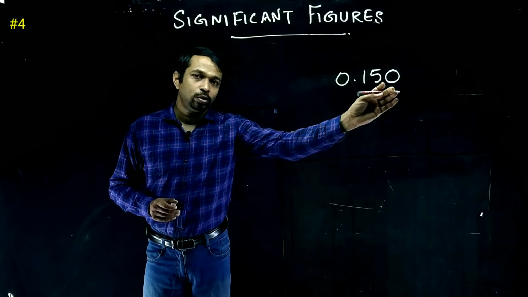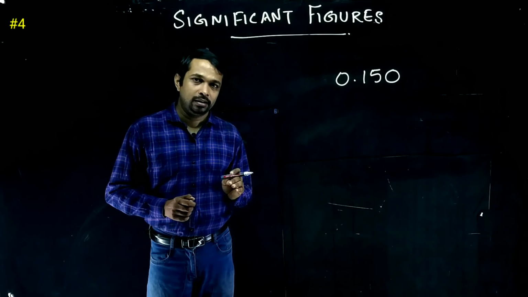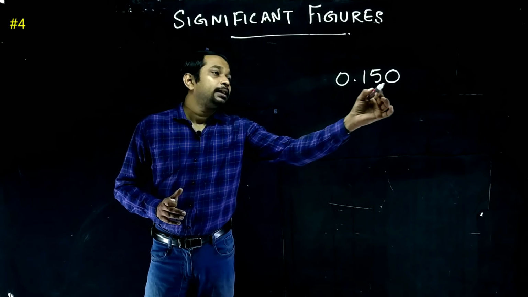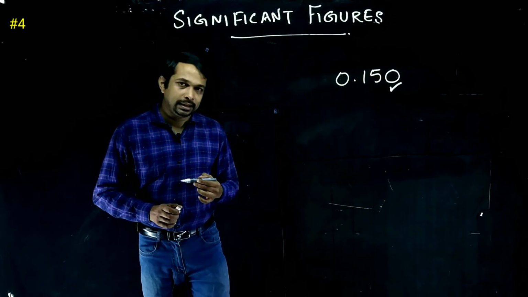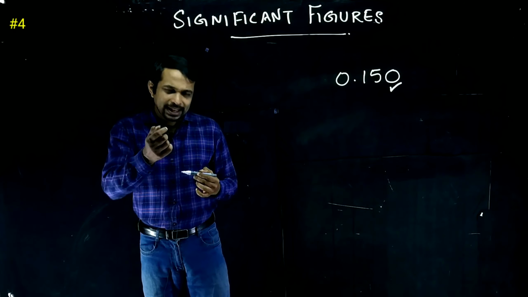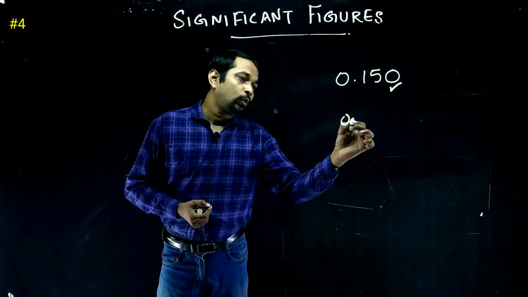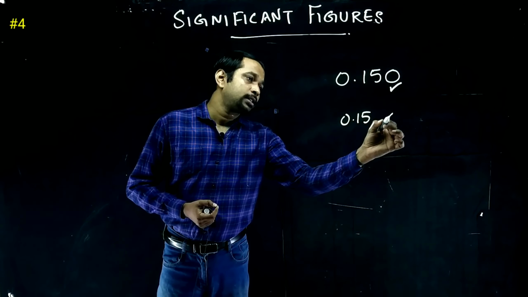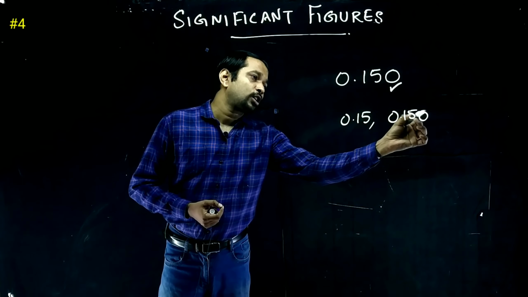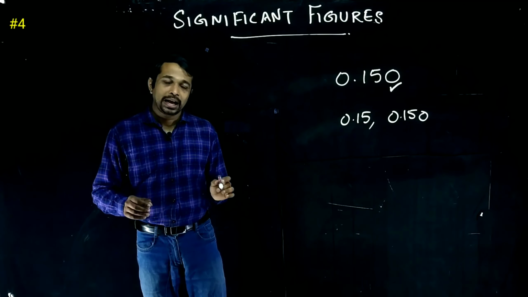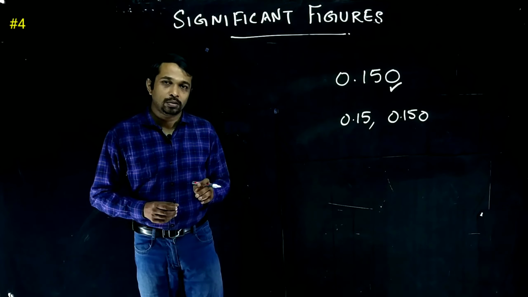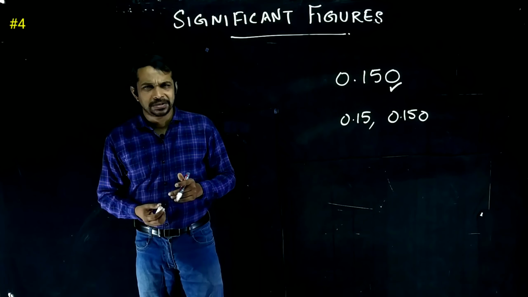This 0 is on the right side of the decimal. The rule says this 0 is significant. Now that may confuse you a little bit, because in our childhood days, what we have been taught is 0.15 and 0.150 are same. We don't have to write this 0. Now why suddenly such a change?